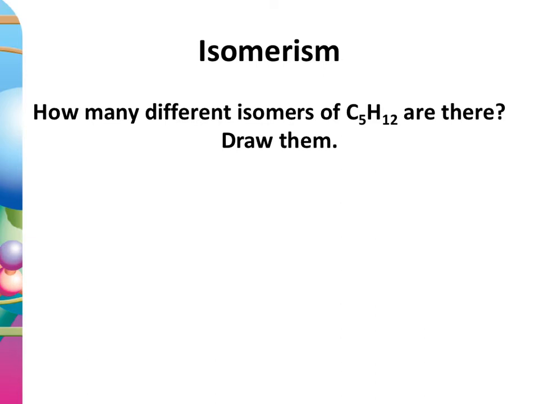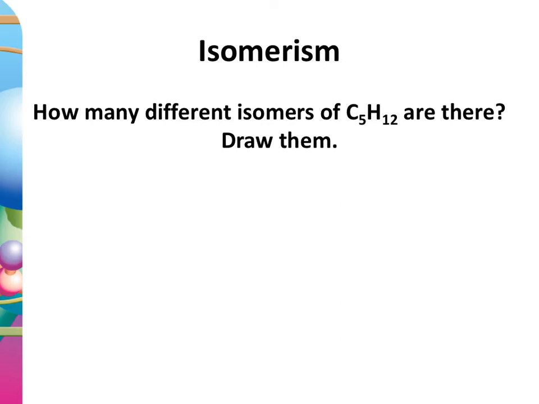I think as a method of working, and in particular of working out isomers, it provides a really useful tool. It's much quicker than drawing out all of the atoms and so on.